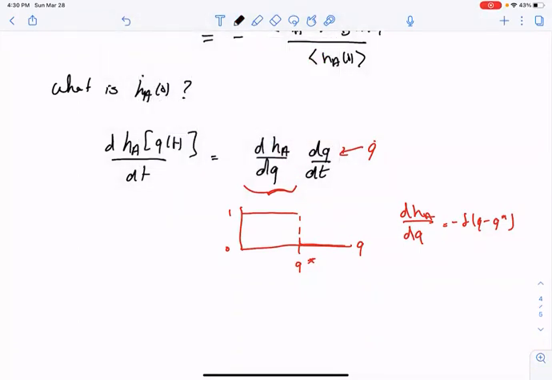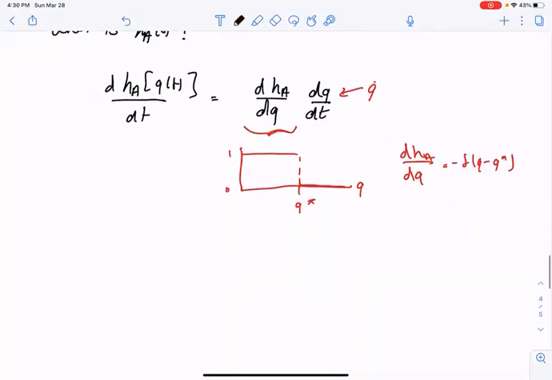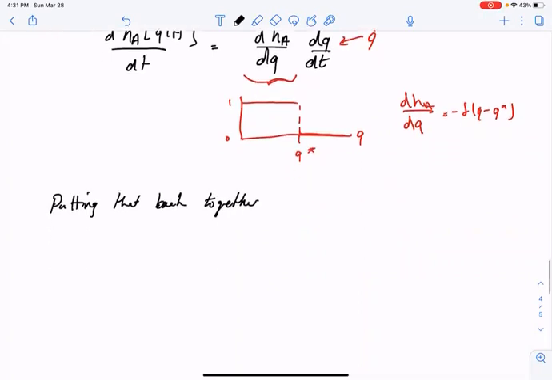Okay, so putting that into our time correlation function derivative, we have C_AB dot of t is equal to, we have a delta function of Q less Q star.